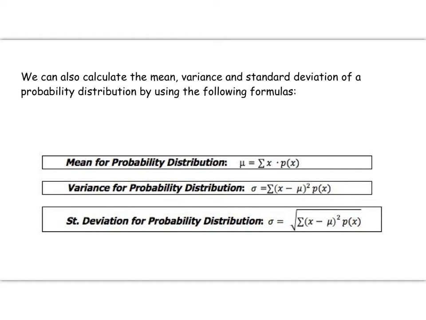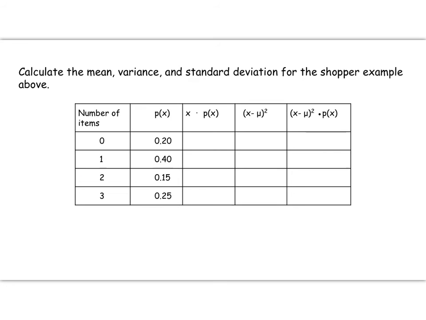This should have a square with it. That's the symbol for variance. Sum of the value minus the mean squared times the probability of x, each individual value. And then to find the standard deviation, you just take the square root of all of that. Really, I strongly urge you to get a calculator because this will be so much easier and quicker.